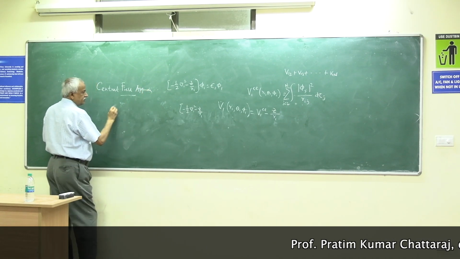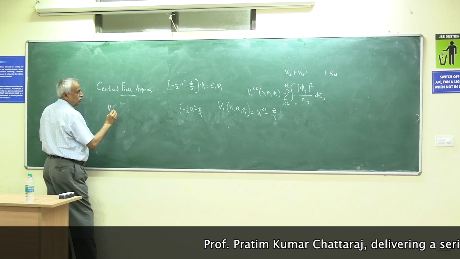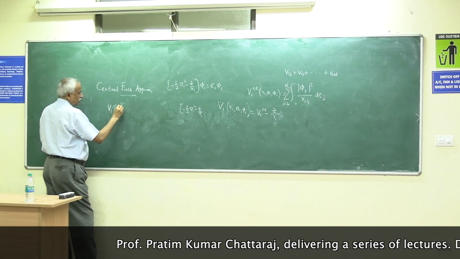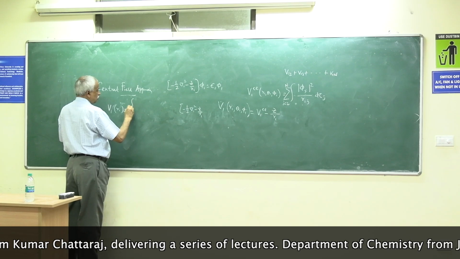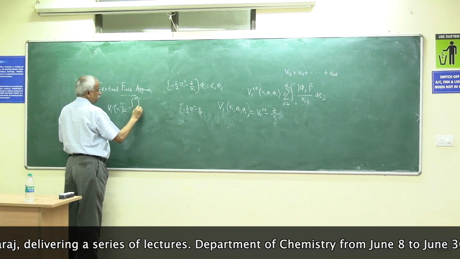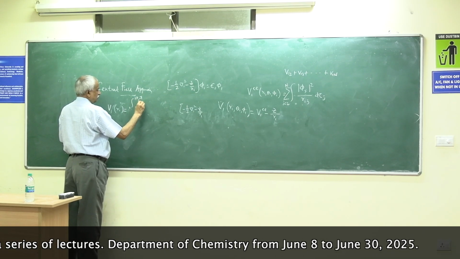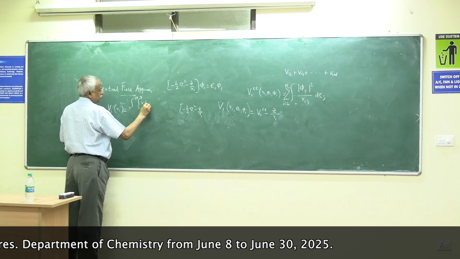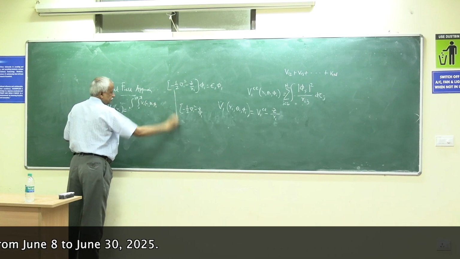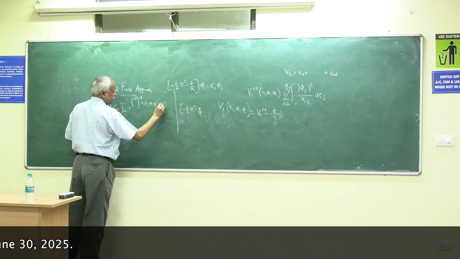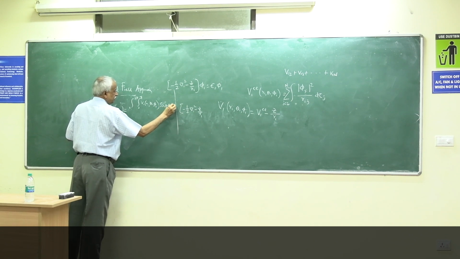So if you do the central field approximation, it would be V1 R1, this is 0 to 2 pi, 0 to pi, V1 R1 theta 1 phi 1 sin theta 1 d theta 1 d phi 1.